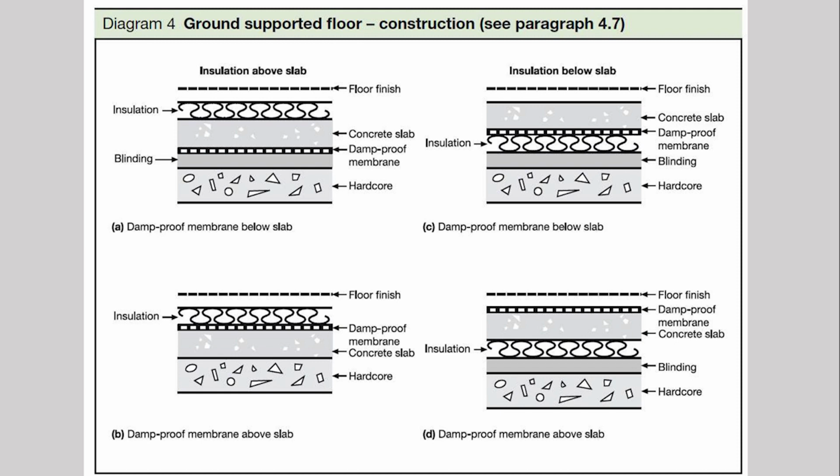Alternatively, you might choose to put your insulation layer at that point and then place your membrane on top of the insulation layer. You need to be sure as to whether the type of insulation you're proposing to use can be used above or below that damp-proof membrane, because if it needs to be protected from the damp, the insulation needs to be above. If it's suitable for use below, then it can be used below, which helps to take out part of that blinding issue, perhaps.